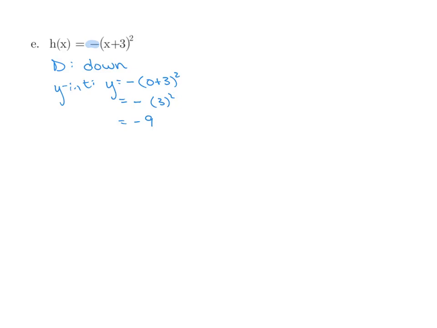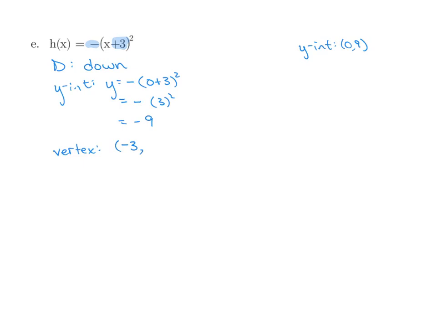Okay, so let's see here. Our y-intercept is 0, 9. All right, next let's talk about our vertex. Again, we're going to change the sign of the inside number. So instead of plus 3, this is going to be negative 3.